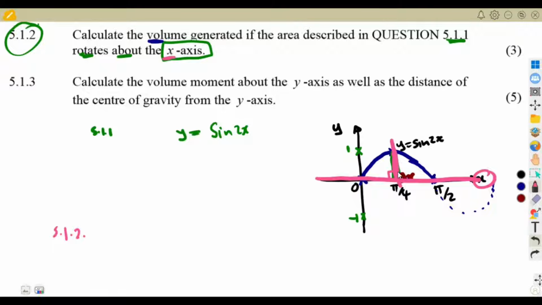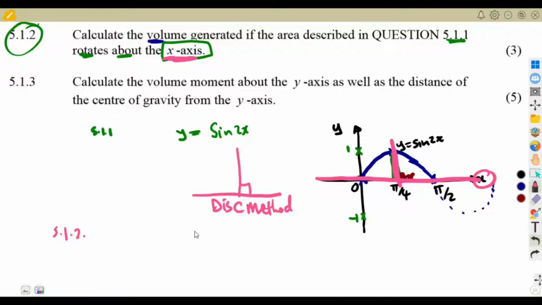These two lines are perpendicular. They are at 90 degrees to each other. When they are perpendicular to each other, we use the disk method.